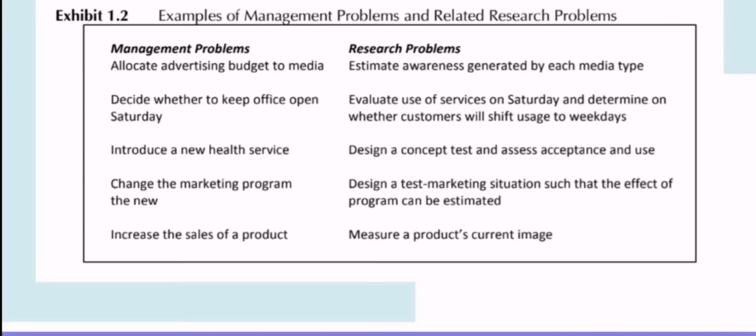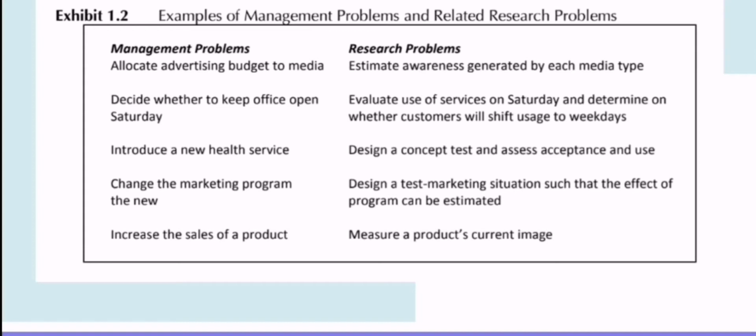Now, here we can see some management problems translated into actual research problems. For example, the first management problem is they wanted to allocate advertising budget to media. So when you rephrase that into a research problem, it becomes: estimate the awareness generated by each media type, and so on and so forth.